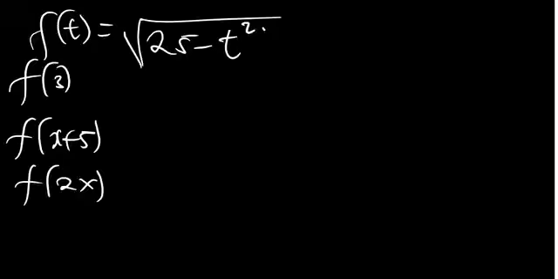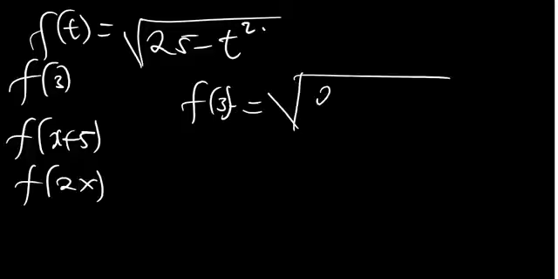Without wasting our time, for the first question, where there is t, we are going to replace it with 3. Then we need to find the value. So f of 3 is going to be equal to the square root of 25 minus, where there is t, let's put 3, minus 3 squared.